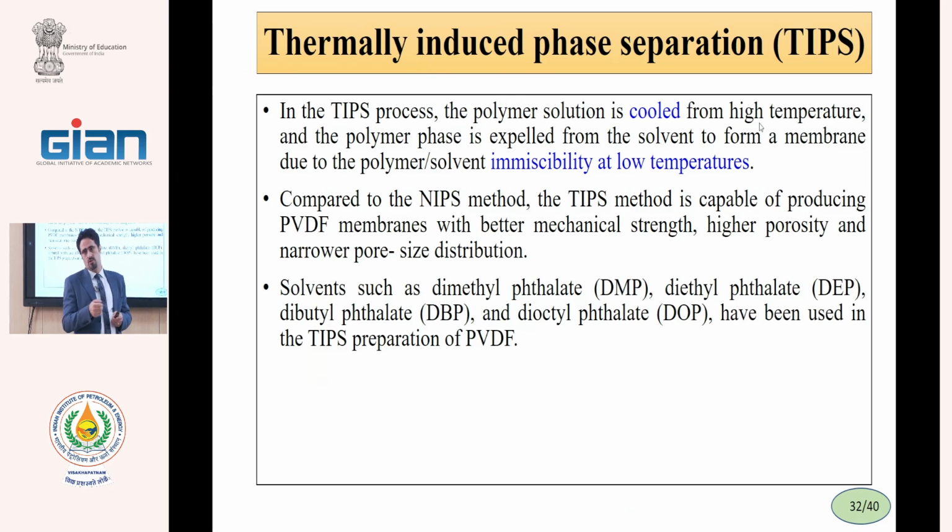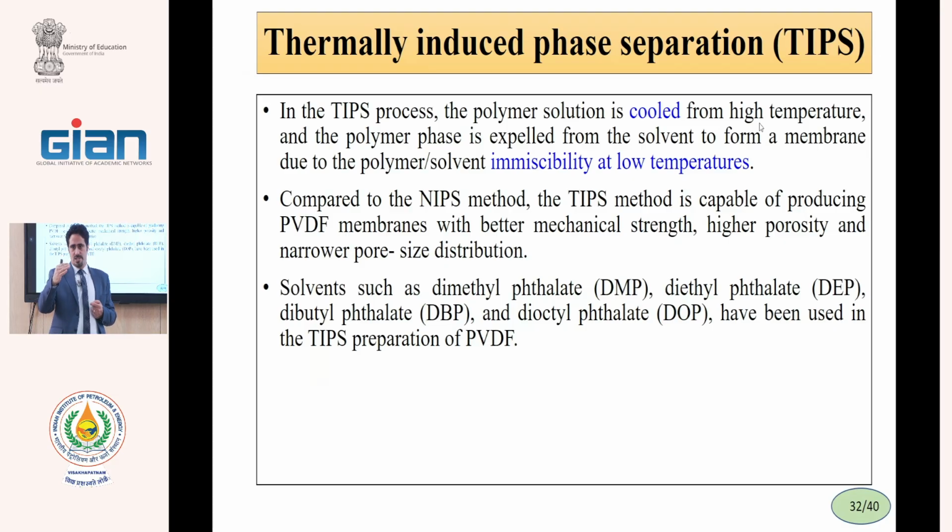One category is most used at high temperature, where a solvent can dissolve a polymer. For example, at 150 centigrade, a solvent can dissolve a polymer.